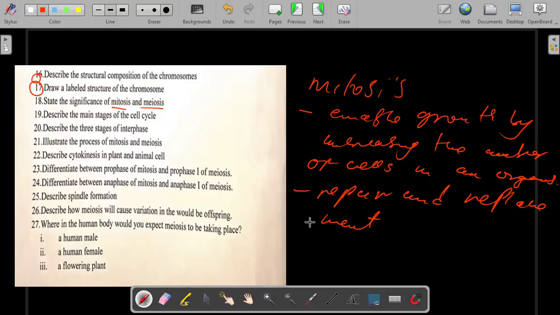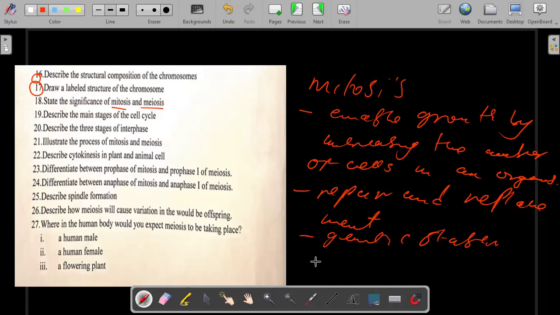Okay, it also enables stability. It ensures that there is genetic stability by producing daughter cells, and we know that these daughter cells are going to be identical to the parent cells. That's what mitosis is going to do.